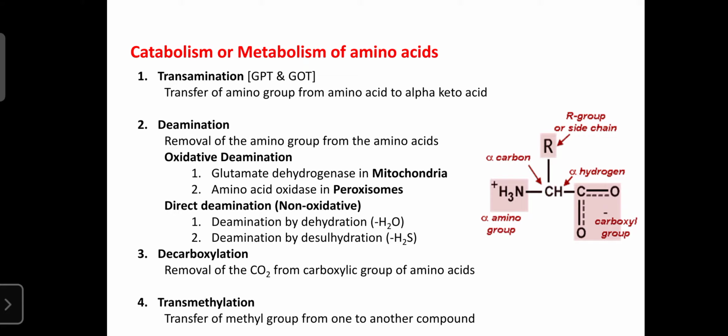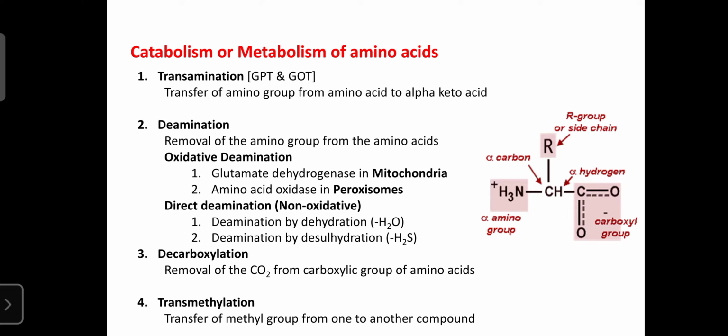Regarding the catabolism or metabolism of amino acids, it is the breakdown of amino acids. Amino acids are mainly metabolized or catabolized by four processes, or four mechanisms. One is transamination, that is the transfer of an amino group from one amino acid to an alpha keto acid.